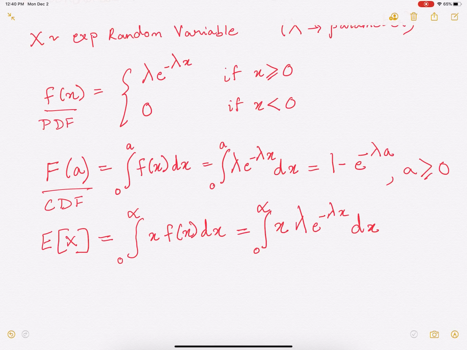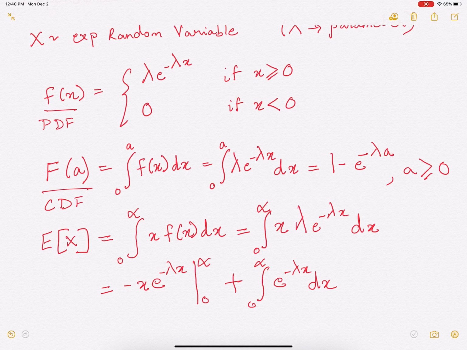And let's carry out this integration. You can do this integration by parts; it's pretty easy. What we will have is minus x e to the power minus lambda x, evaluated between 0 and infinity, plus the integral from 0 to infinity of e to the power minus lambda x dx.